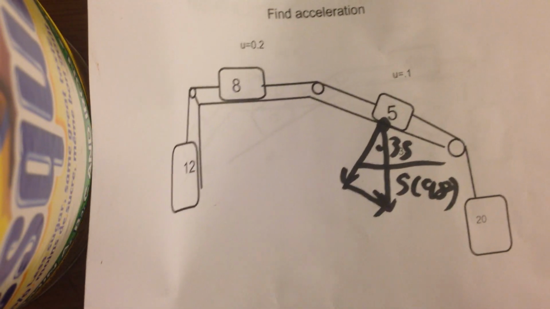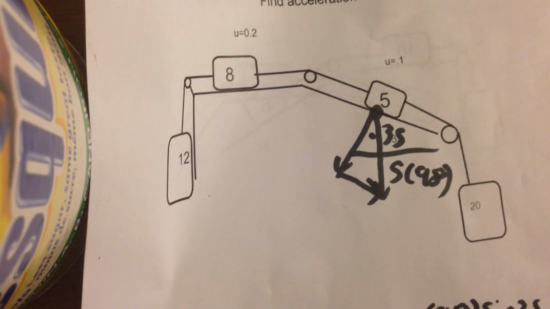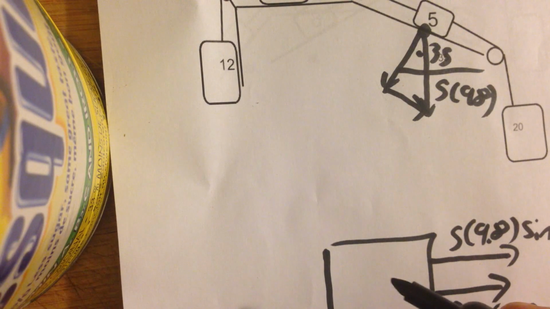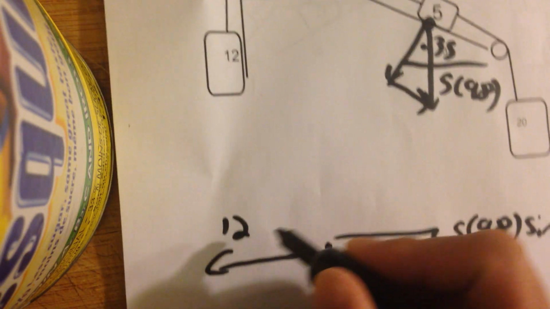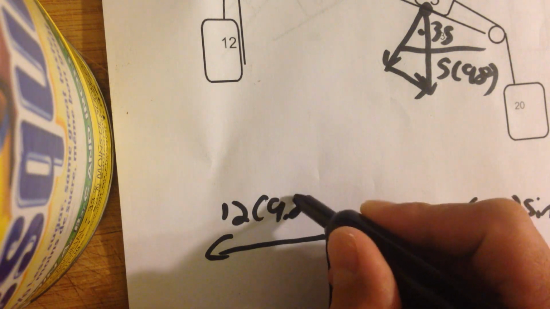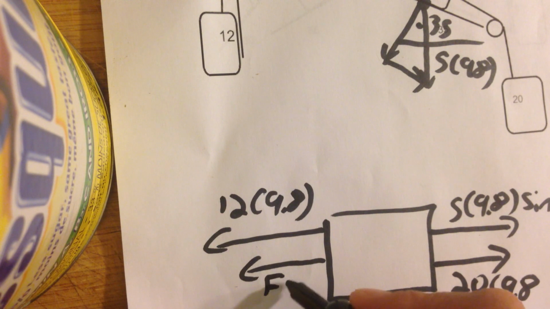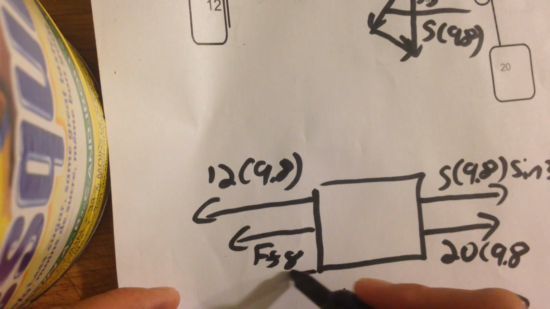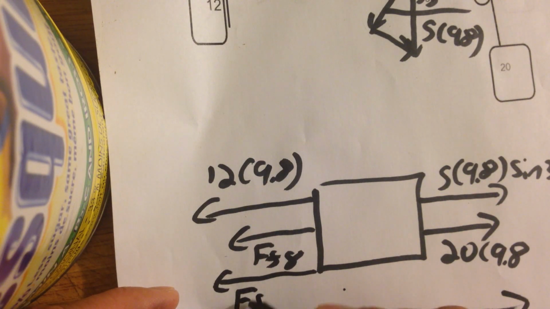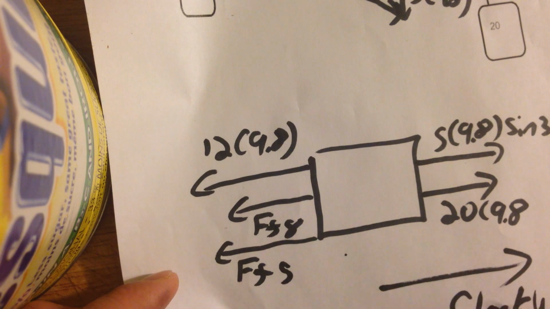That's everything pulling this to the right. Pulling it to the left, I'm going to have gravity on my 12 kilogram block. So that's 12 times 9.8. I'm also going to have the force of friction from block 8, and I'm going to have the force of friction from block 5. And we'll calculate those in a second.